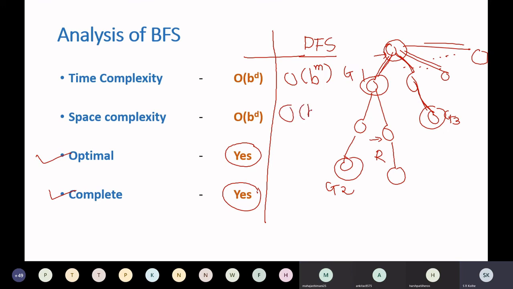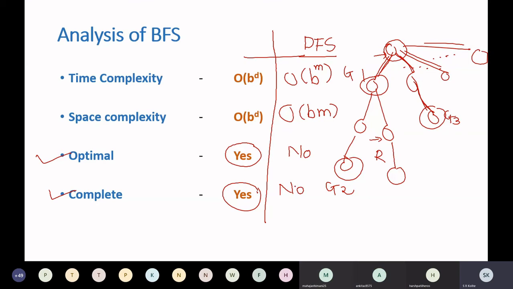Order of B times M, that means it is linear, B multiplied by M, where B is the branching factor and M is the depth at which the solution was found. Was it optimal? No. Was it complete? No.